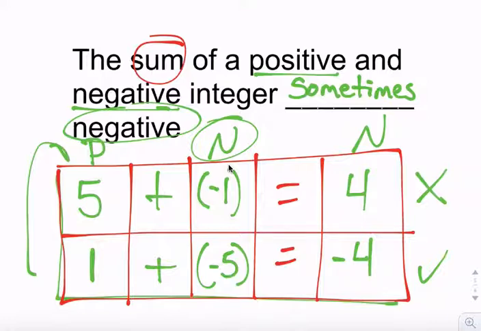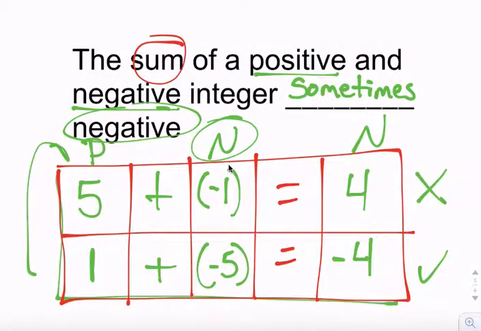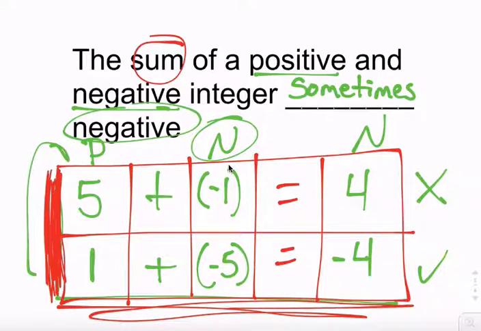So key things that you want to remember when you're dealing with these always, sometimes, never statements. 1, create a table. This lovely table right here that you can kind of see me bolding in will help provide examples for you so that you can see whether or not it's going to result always, sometimes, or never. 2, pay close attention to what came first when you're labeling your table.